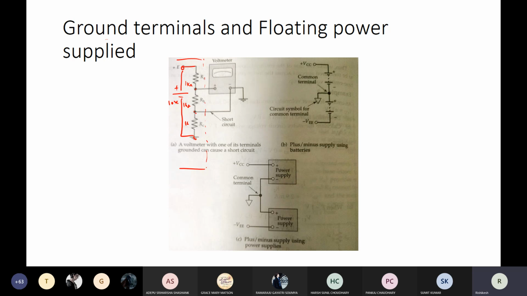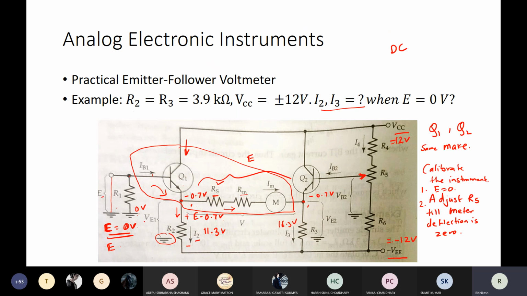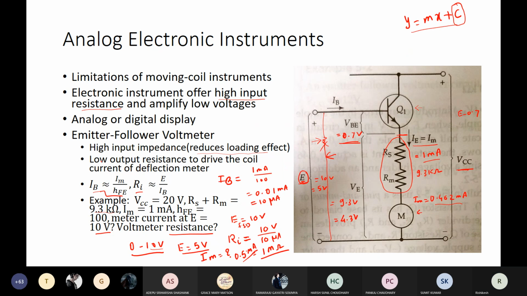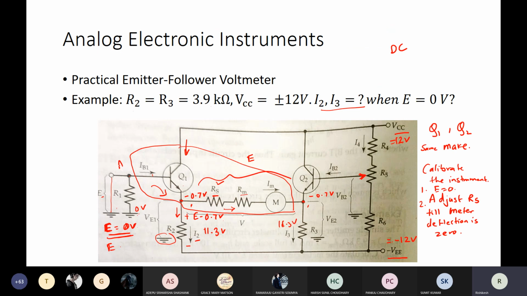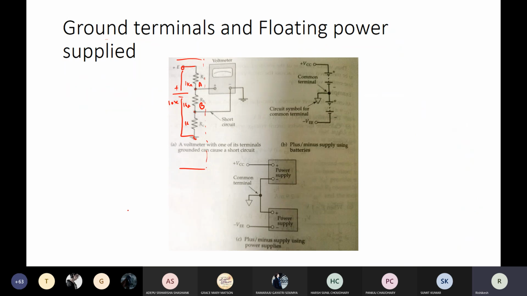If I connect these terminals like this, with the previous convention, let me say this is terminal A, this is B. So here it becomes A and B. Now what I'm doing is connecting this B to the voltmeter and connecting it to the ground. What is the problem with this arrangement?